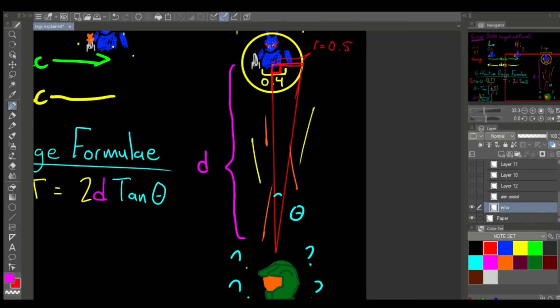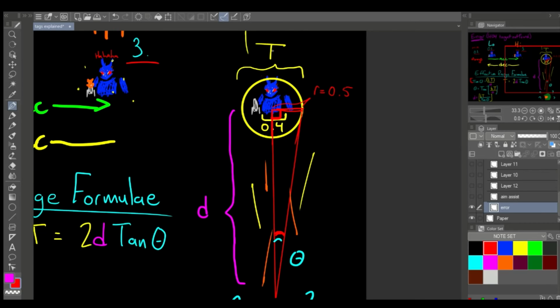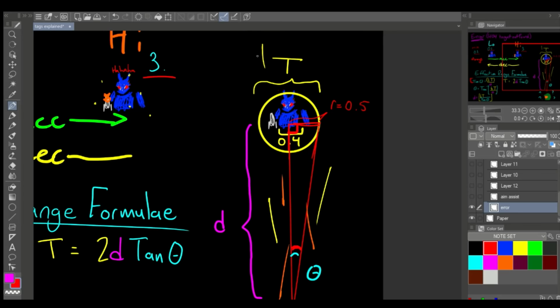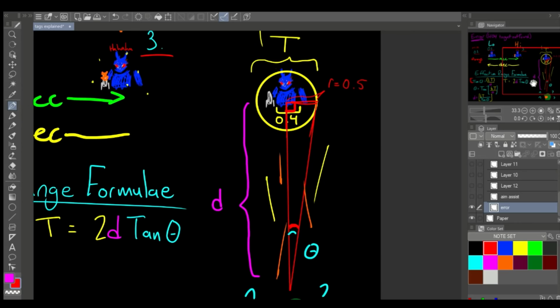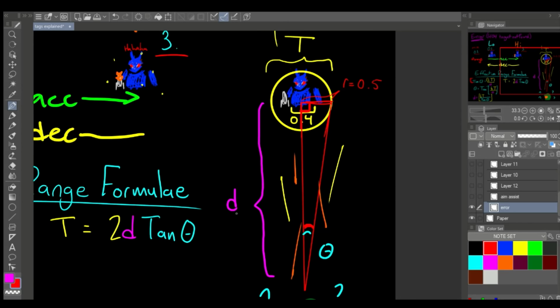And why I'm using tan is because tan of this angle is equal to the opposite over the adjacent. So if you want it to be effective to 1 world unit in radius, because the hitbox of a brute is 0.4, this gives you 50% of your bullets hitting, which I think is pretty effective. Your R is going to be 0.5, T is 1, so half T. You can change T if you really want to, and D is just the distance from you to the target.